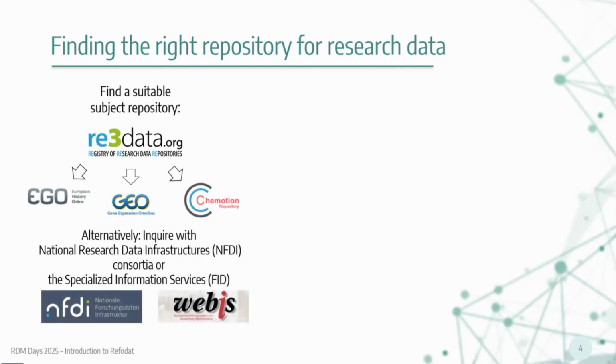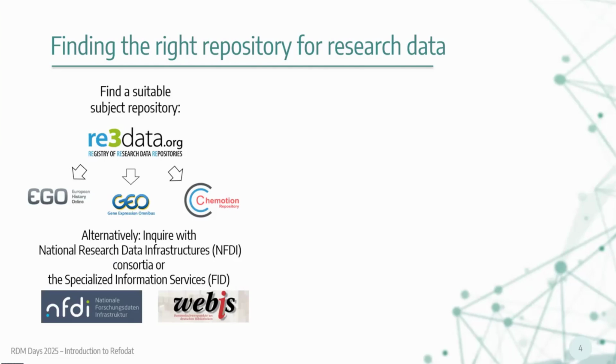Or alternatively, you can inquire with the National Research Data Infrastructure consortium applicable to your field, or with the Specialized Information Services, Fachinformationsdienst in German, applicable to your field, whether they recommend any research data repositories for your specific area of research.